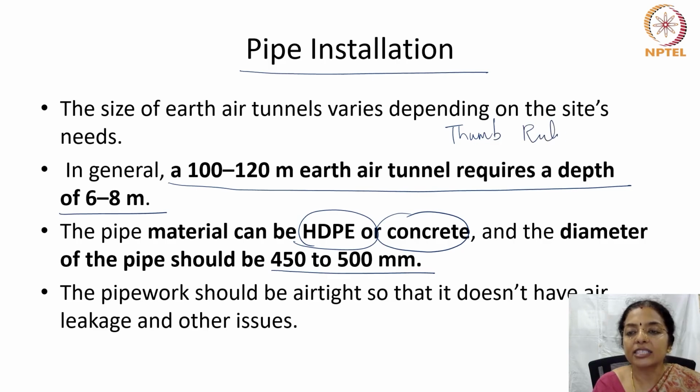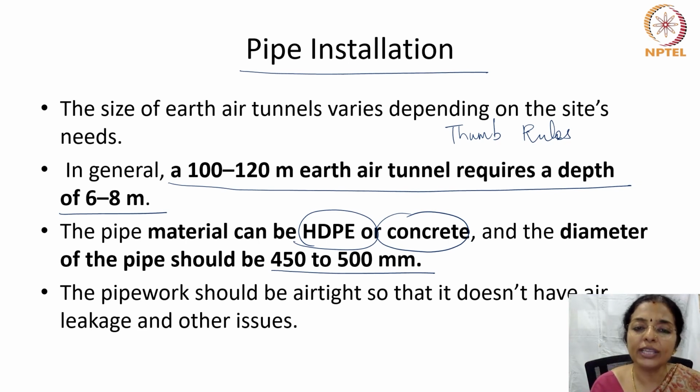An expert in this will be able to design it using CFD calculations also. That is where the previous slide that we saw shows a correlation between the outlet temperature of the air and the velocity of air. So these are done using either experiments or simulation.